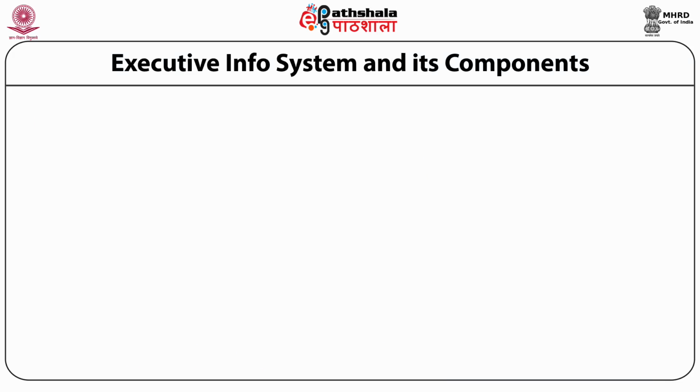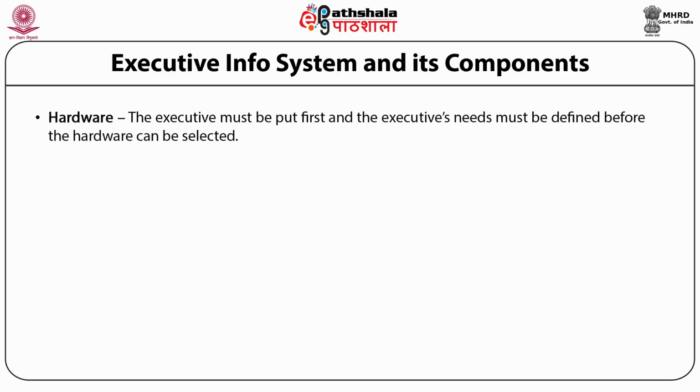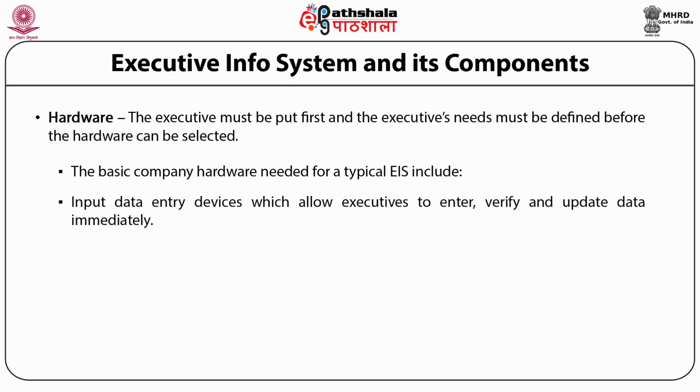Executive information systems. Firstly, let's take into account the hardware. The executive must be put first, and the executive's need must be defined before the hardware can be selected. The basic company hardware needed for a typical EIS includes input data entry devices, which allow executives to enter, verify, and update data immediately.